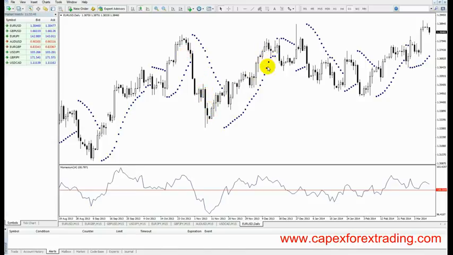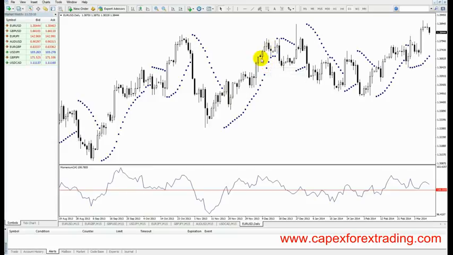But when we're using the parabolic SAR, what we actually do is place stop losses below the parabolic SAR dots when we're trading in an uptrend and above the parabolic SAR dots when we're trading in a downtrend. The reason for this is because it allows us to stay in a trend for a lot longer. So it gives us that little bit of extra room to stay in that trend and generate much more profit.